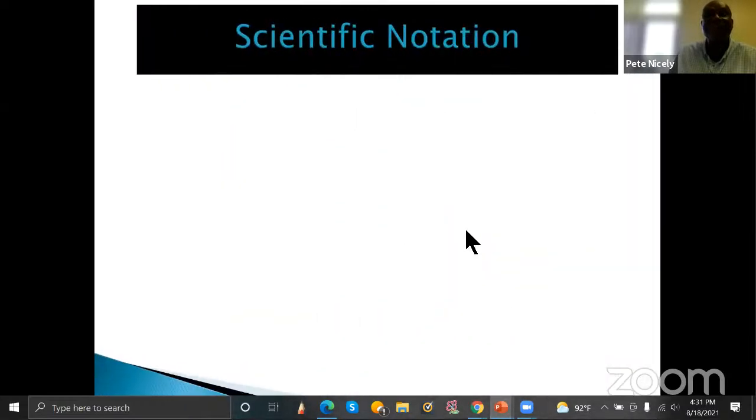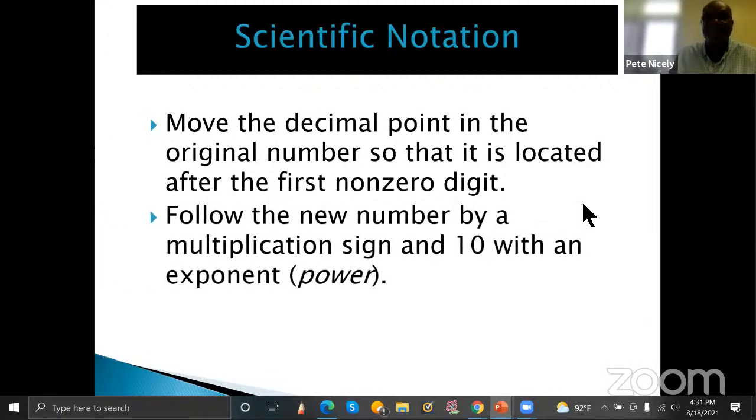So the first example, hold on 1 minute. Okay, so hold on. How do we get from the standard number to the scientific notation? Well, basically what you have to do is move the decimal point in the original number so that in the end, it is located after the first non-zero digit. And then we follow the new number by a multiplication sign and a 10 with an exponent.